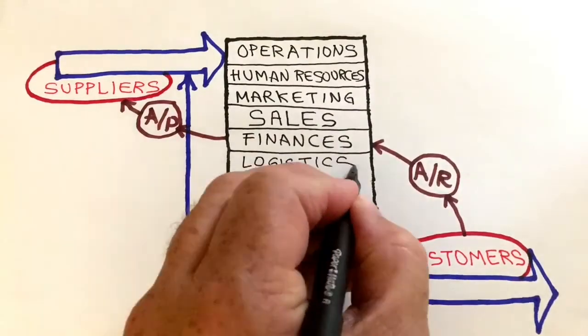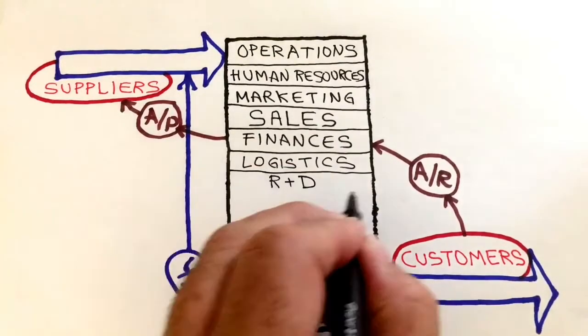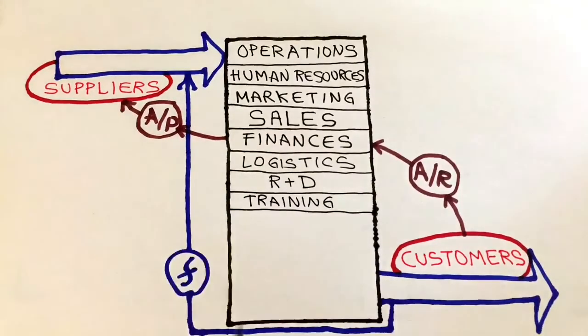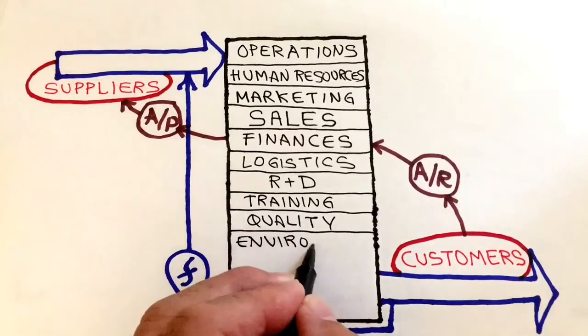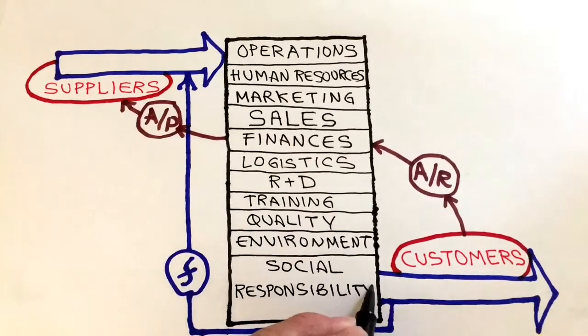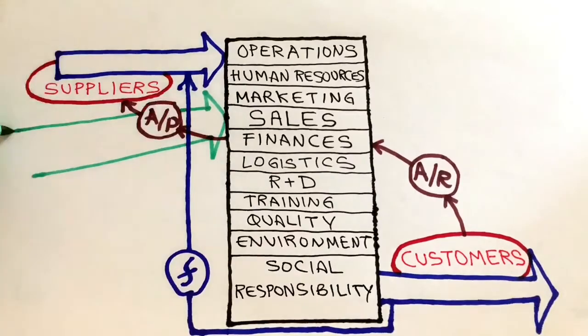Besides, we need distribution to move goods from one place to another, research and development to improve new products, training, quality control, check the environment to support green initiatives, and of course, social responsibility because we have to use part of our profits to improve our world.